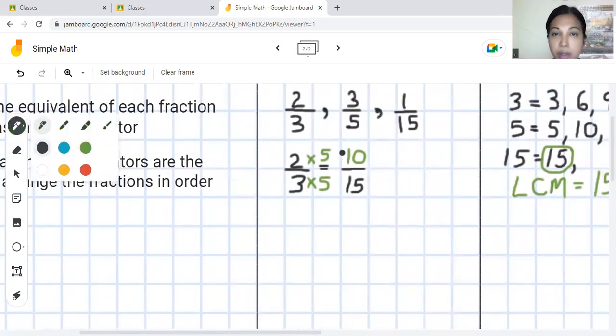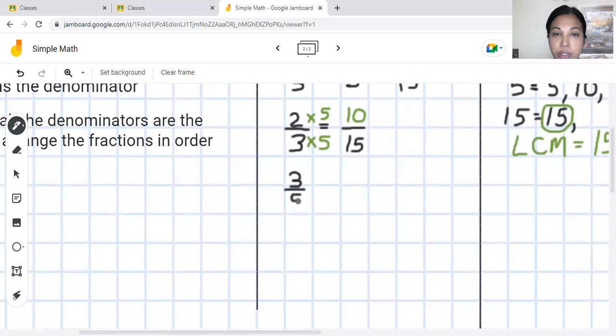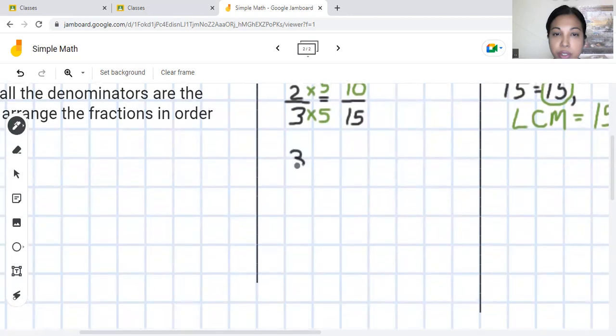So I'm going back now, and I'm doing my second fraction, which is 3/5. So 3/5 will be equal to something over 15. Right? So we are using the 15 as the denominator in each one of these.